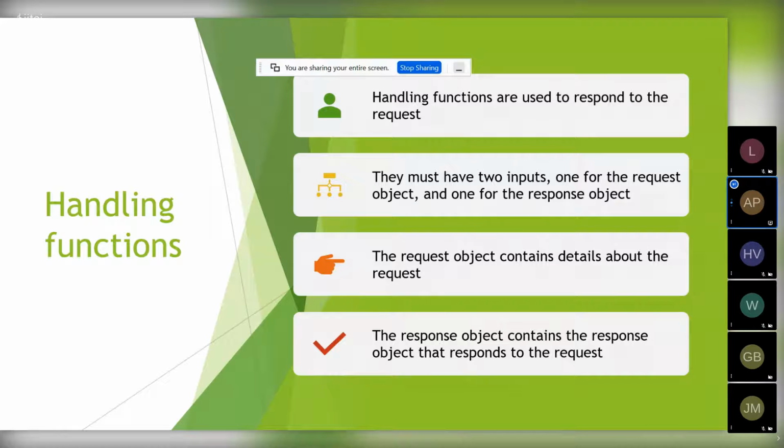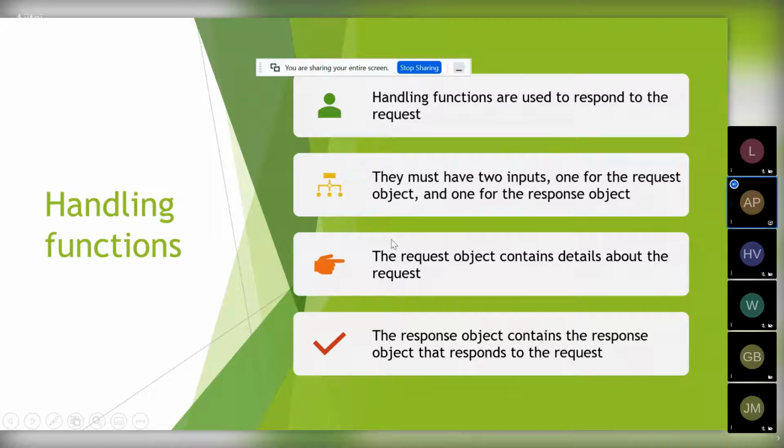So here's a bit more depth on handling functions, or handlers. These are how you respond to the requests. And like I said before, they have to have two inputs, one for the request object and one for the response object.